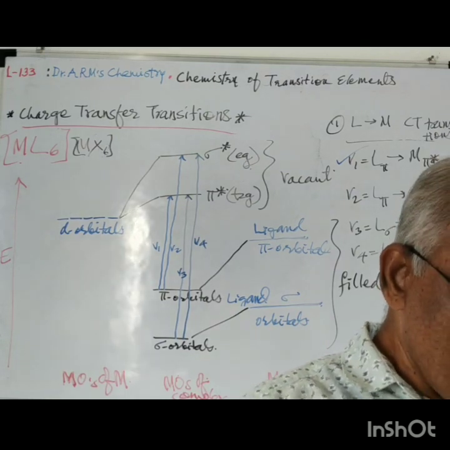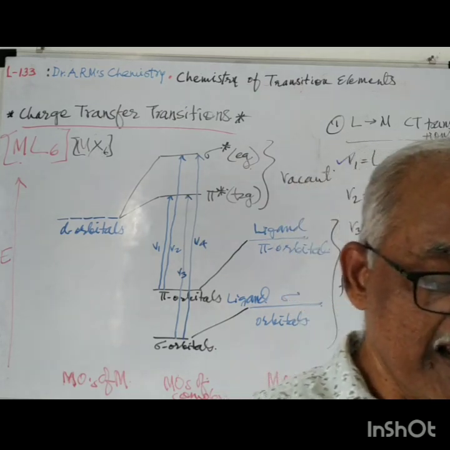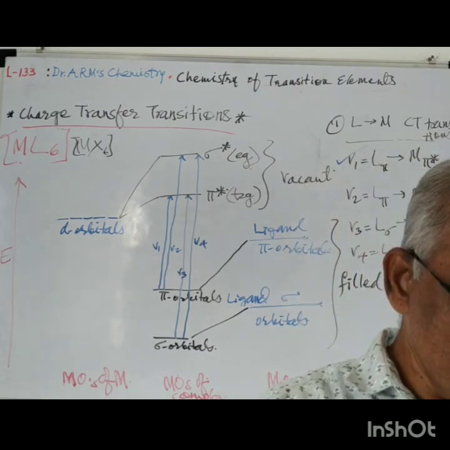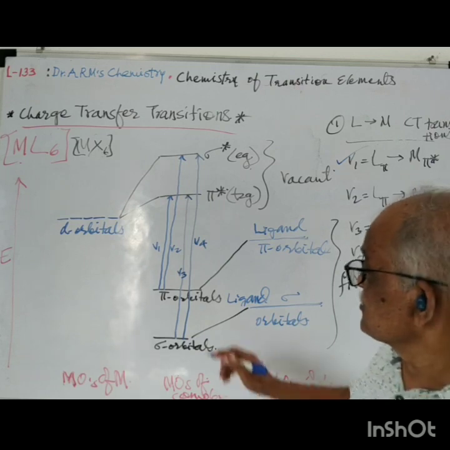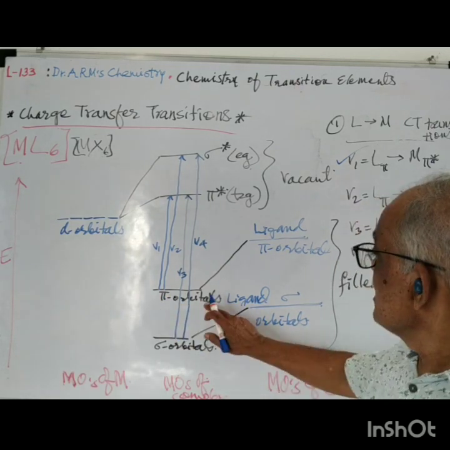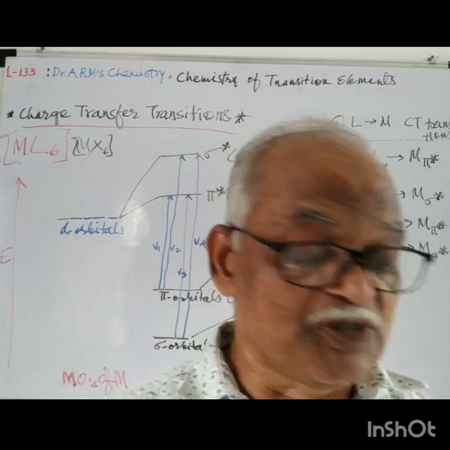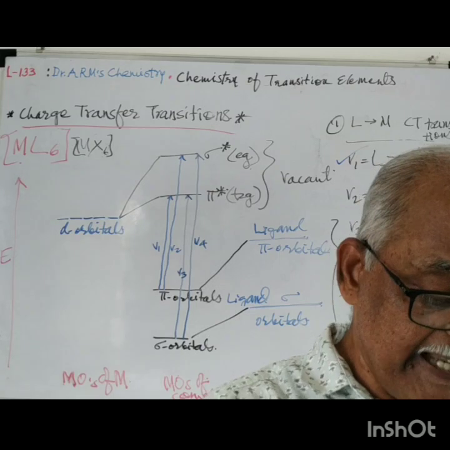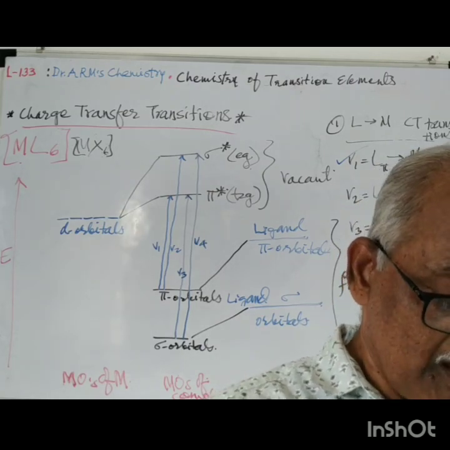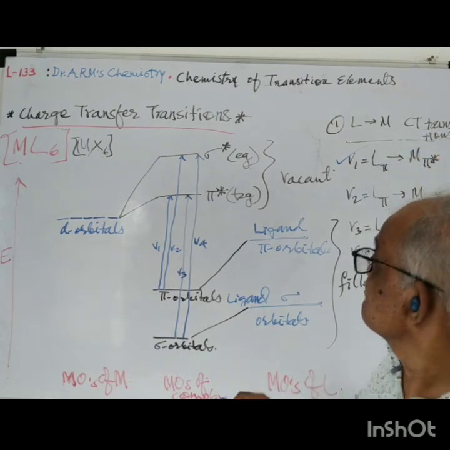So the pi orbitals are non-bonding and they will not vary the metal ligand distance. These pi orbitals are non-bonding, meaning these are mainly of T2g type, and they show no change in the metal ligand distance.